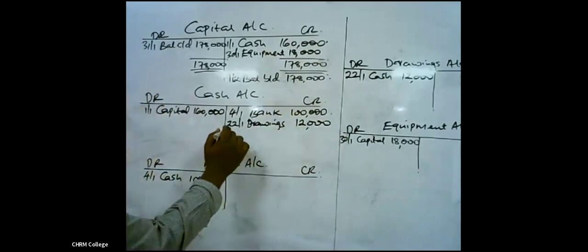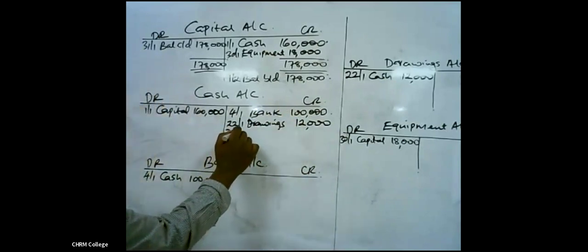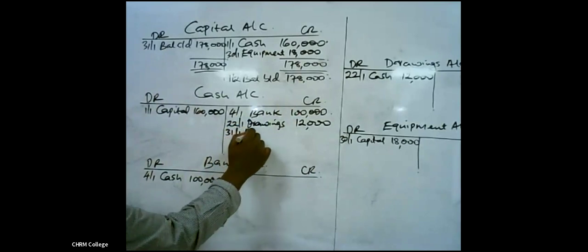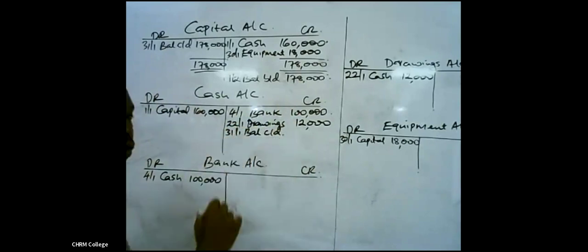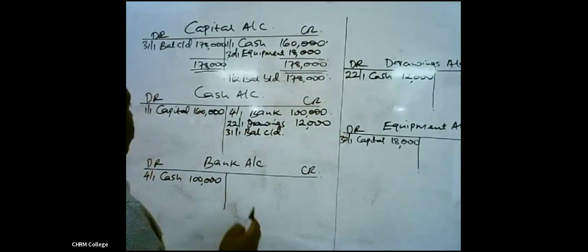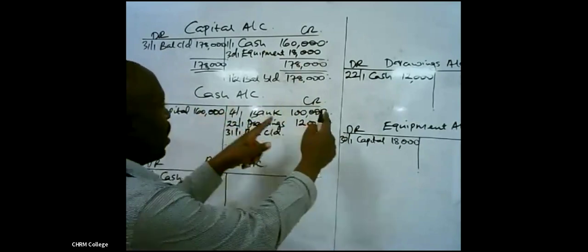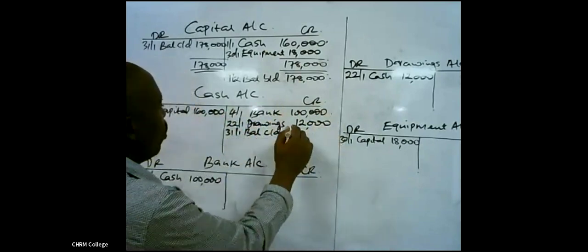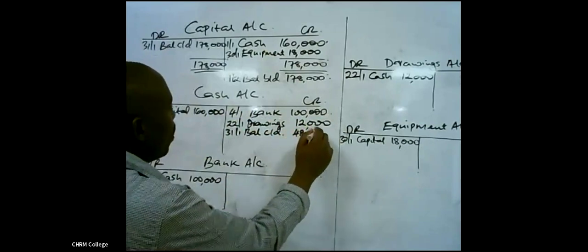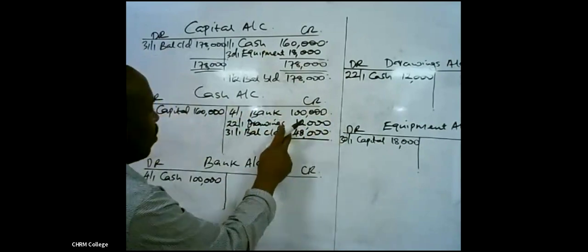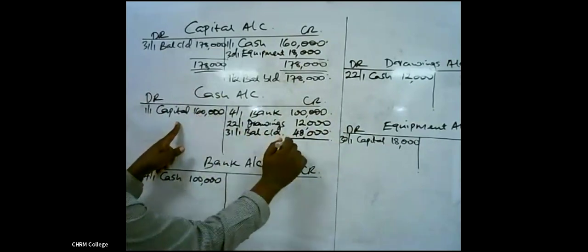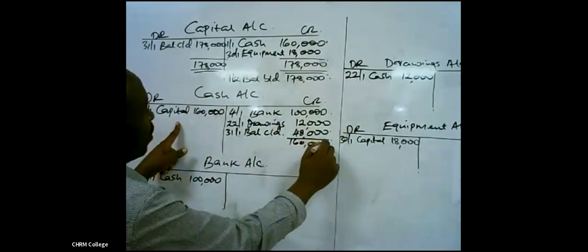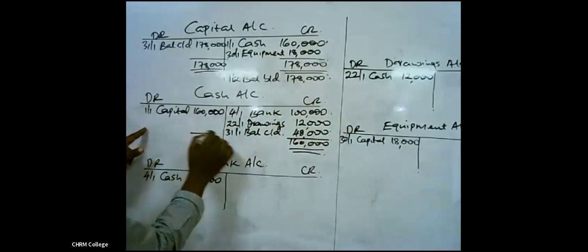So in the cash account, our balance carried down, the closing balance, is 160,000 minus 112,000, which is 48,000. So we are putting this 48,000 so the two sides can agree. So we shall have there 160,000, and this side will also have 160,000.